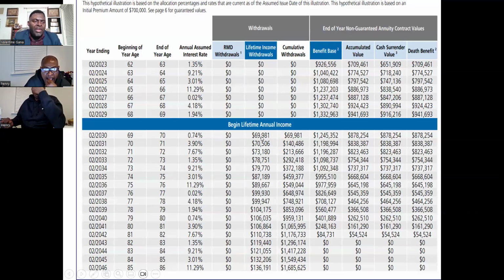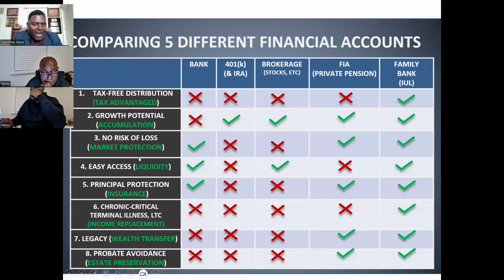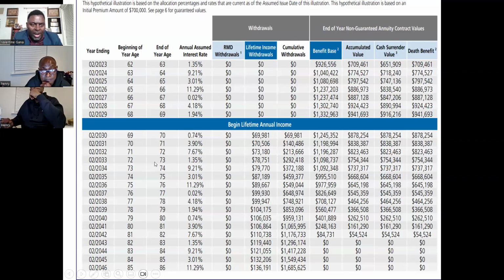If they decide, okay, I'm not going to collect from 2030, I want to collect from year 2031, then they'll collect 70,000 every year for the rest of their life. If they wait until 2032 to start collecting, then they'll be collecting $73,000. Every year you wait, it keeps going up. That's what it means. Correct. Yeah, you got it.